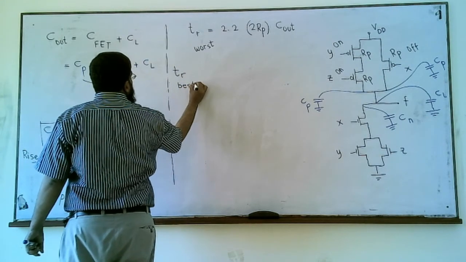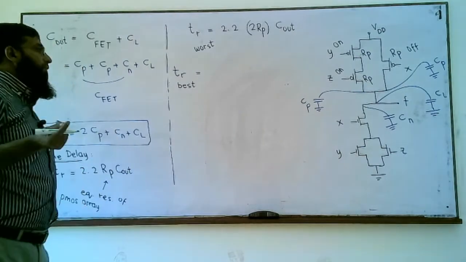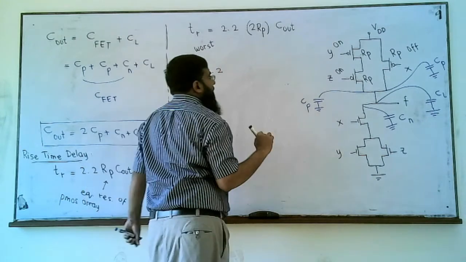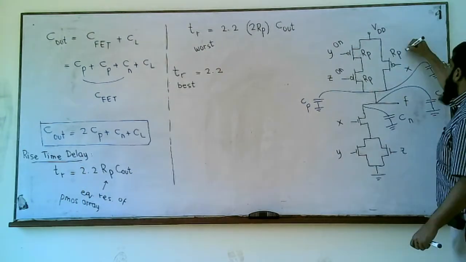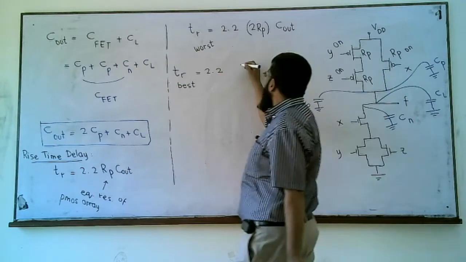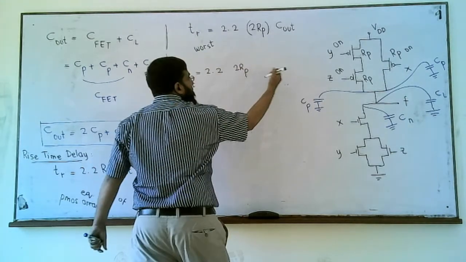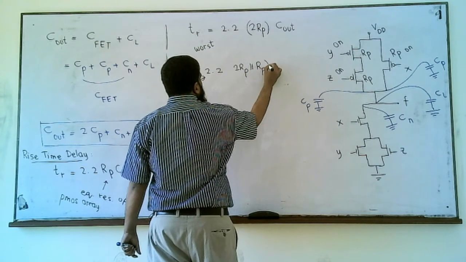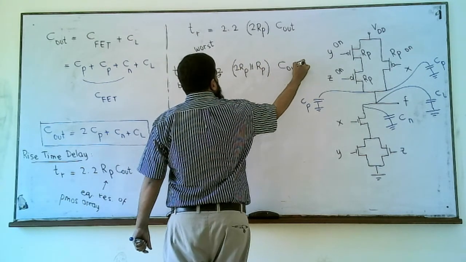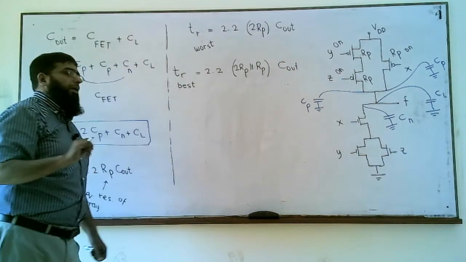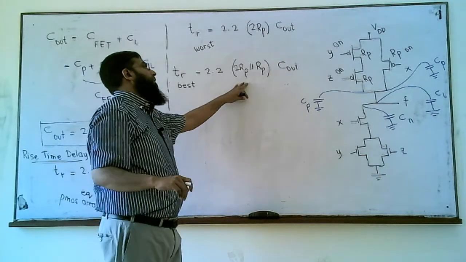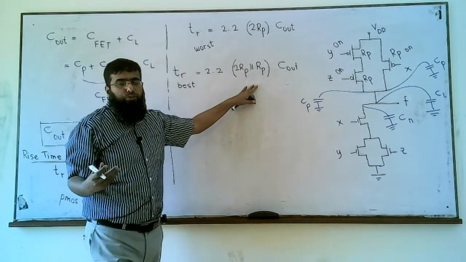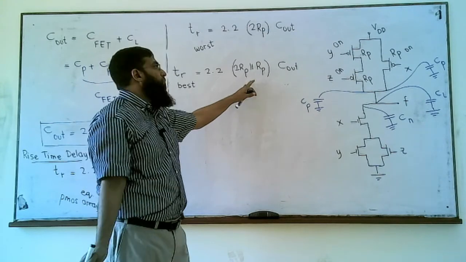The best delay, or the least value of delay, would be offered when we have all these transistors on. These two transistors, 2 Rp, and this transistor is also on, in parallel with these two transistors. This means 2 Rp in parallel with Rp, and we know that the equivalent of two parallel resistances is smaller than the smallest one, Rp.